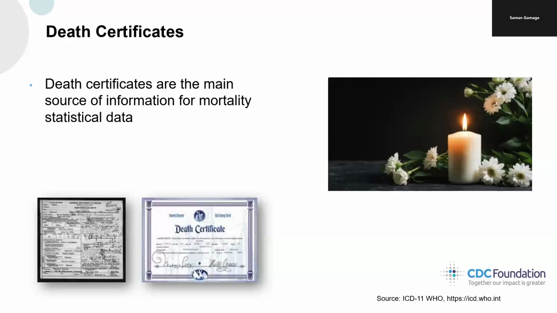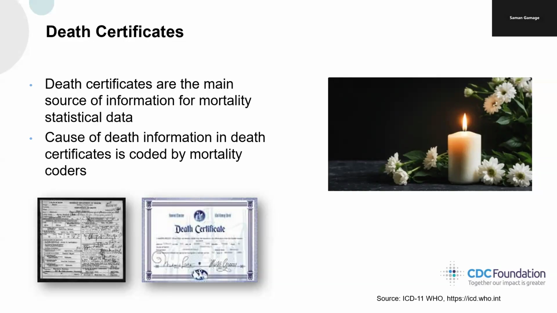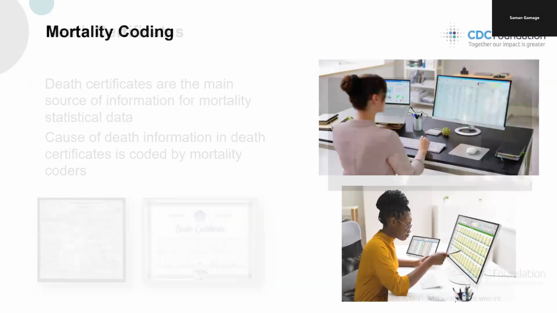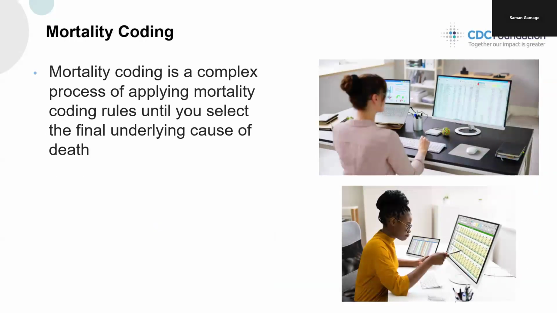Death certificates are the main source of information for mortality statistical data. The cause of death information in death certificates is coded by mortality coders. Mortality coding is a complex process of applying mortality coding rules until you select the final underlying cause of death.